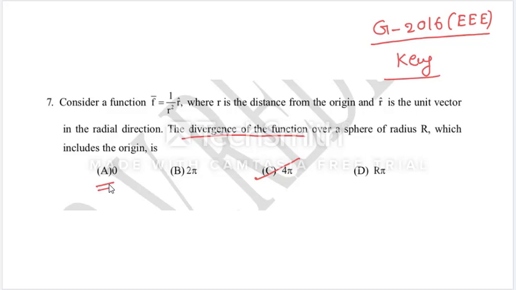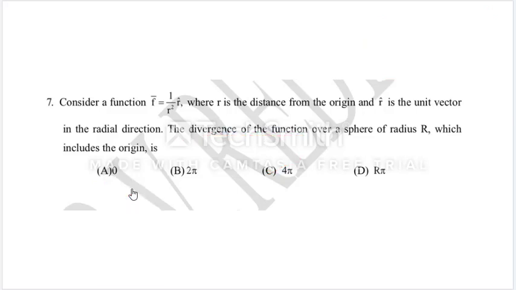Right, now see this thing. Here they ask you to find the divergence of the given function over a sphere of radius. Just listen and you will understand.